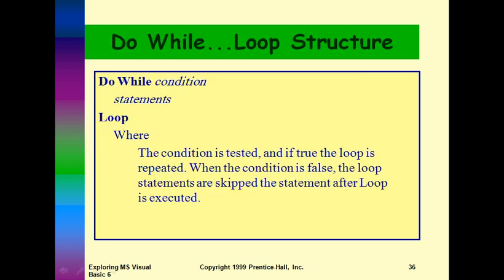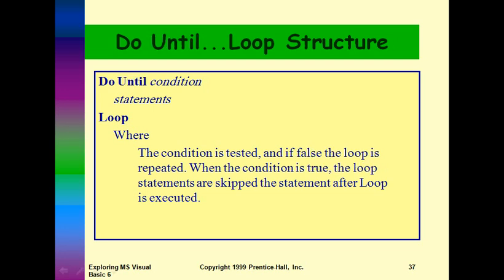Example for doing that. The second iterative statement is the do while condition statement, which ends with the keyword loop, where the condition is tested, and if true, the loop is repeated. When the condition is false, the loop statements are skipped and the statement after loop is executed.